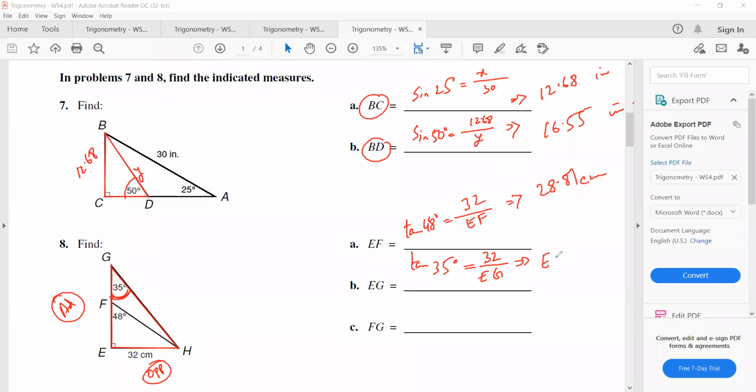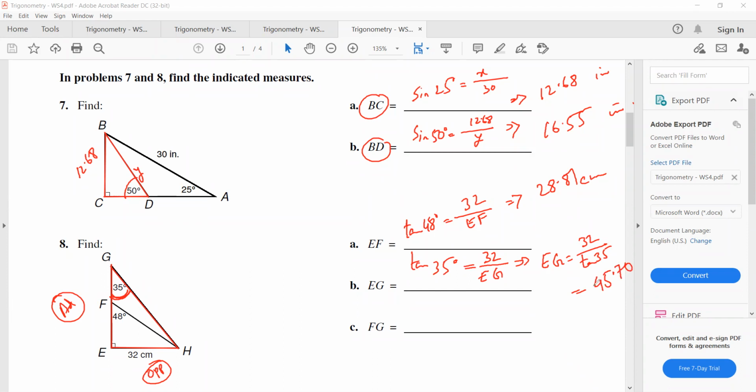So EG equals 22.4. Let's see. EG equals 32 divided by tan 35, right? 32 divided by tan 35. 45.70.